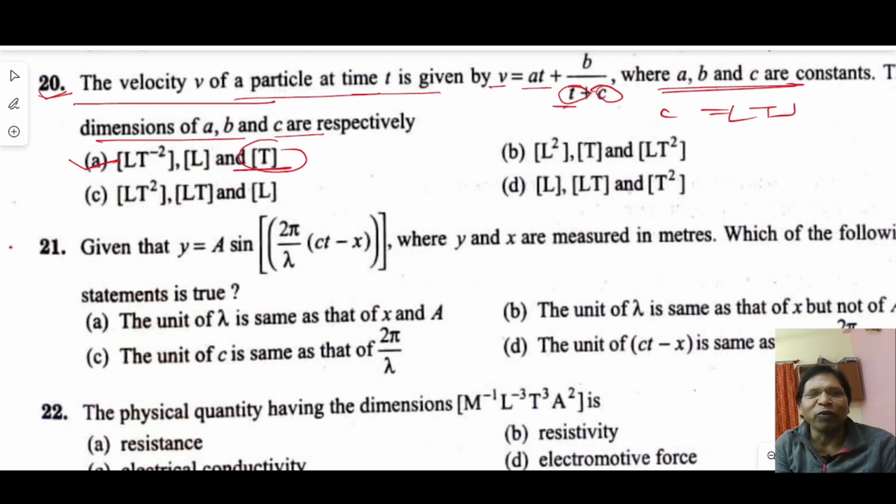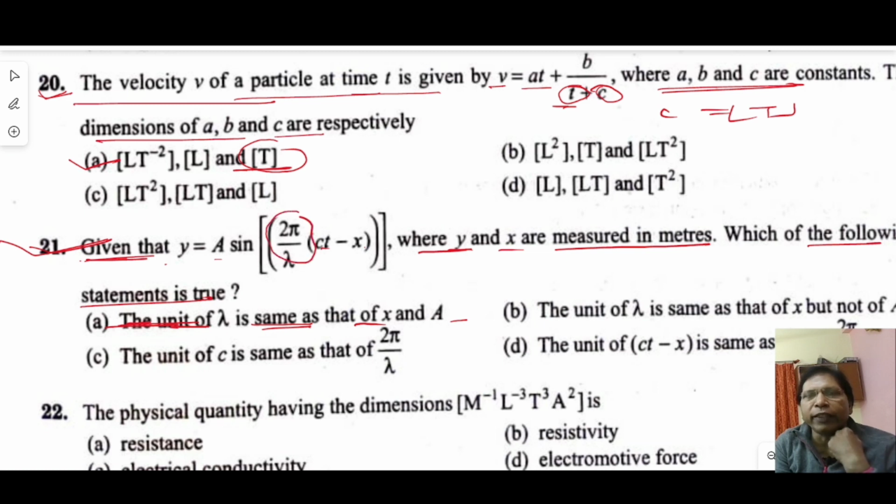Okay. Now question number 21. Given that y equal to a sine 2 pi by lambda (ct minus x), where y and x are measured in meter, which of the following statements is true? The unit of lambda is the same as that of x and a.